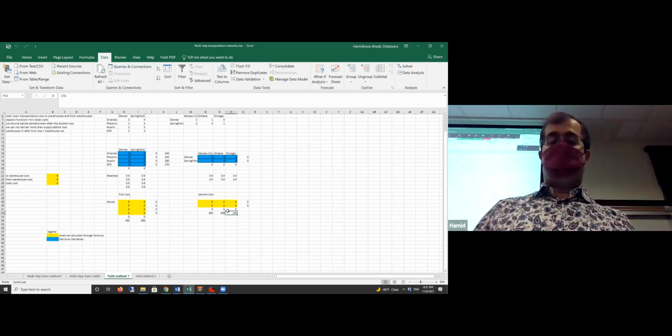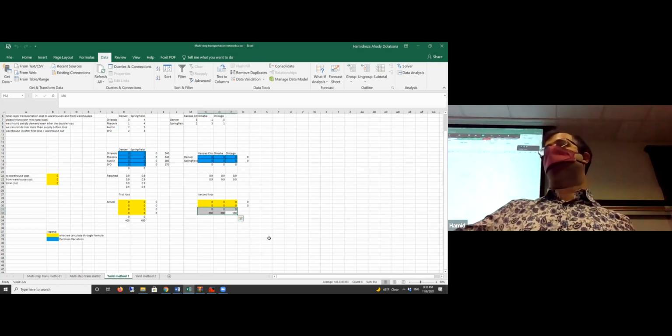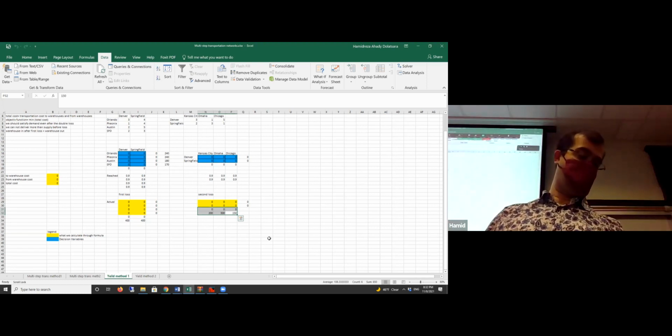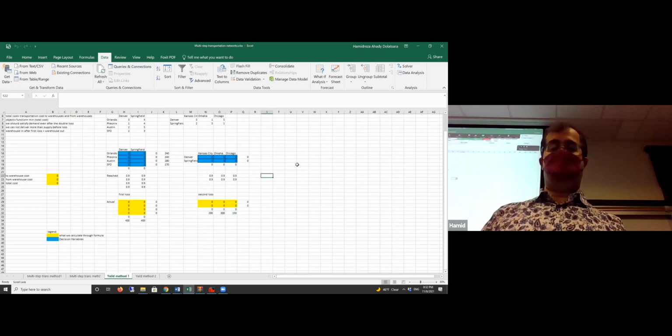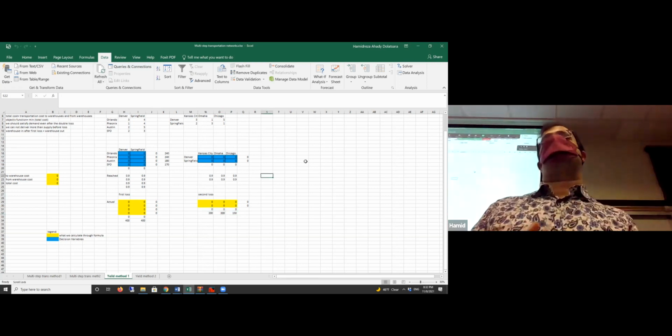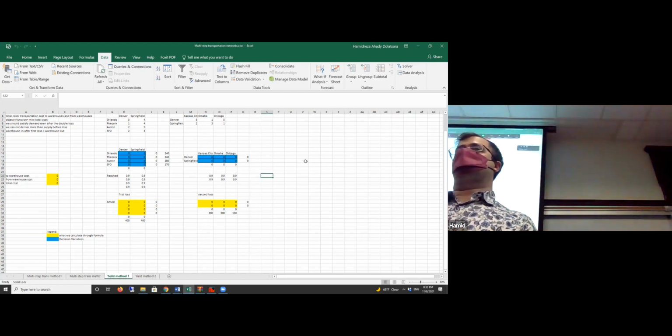The last one: whatever comes to demand points should be at least equal to my demand, or even more than that. I give you 1 or 2 minutes to look at this coefficient and the constraints of loss. See if you have some questions.